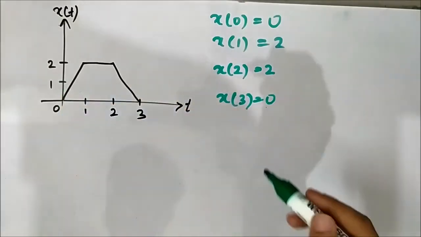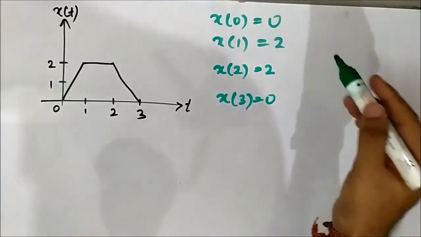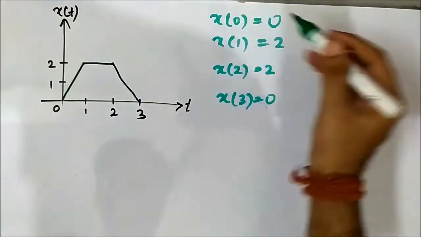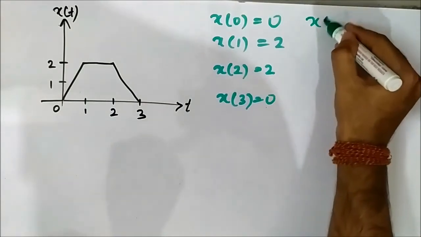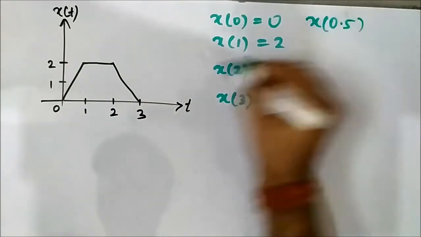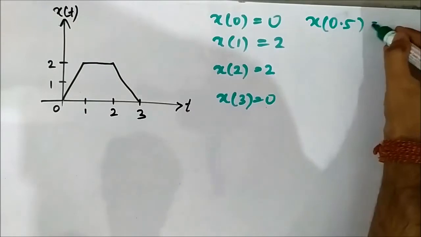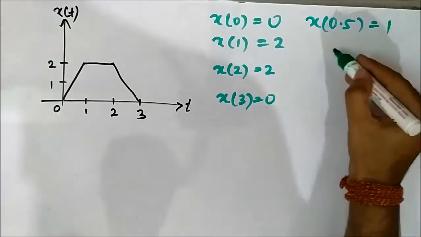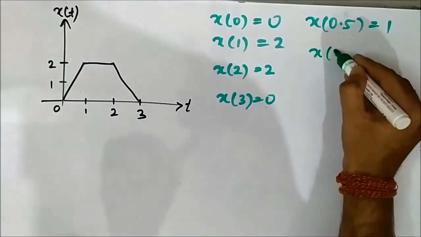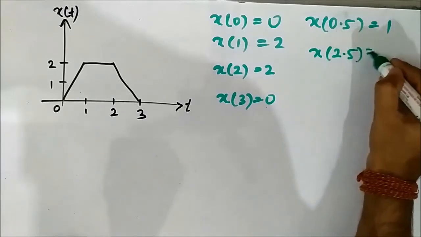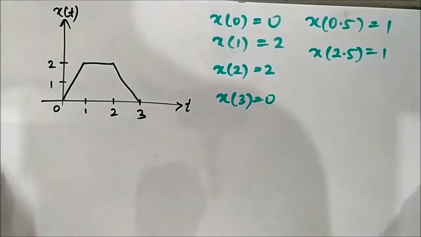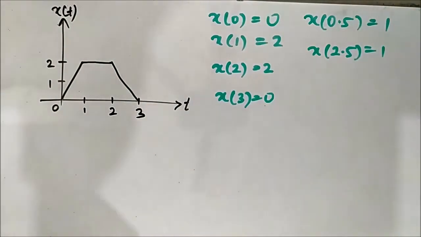Also we can add some additional points, if necessary: x(0.5) is 1, and x(2.5) is also equal to 1. We don't know whether they will come into play or not, but still let us write it down.